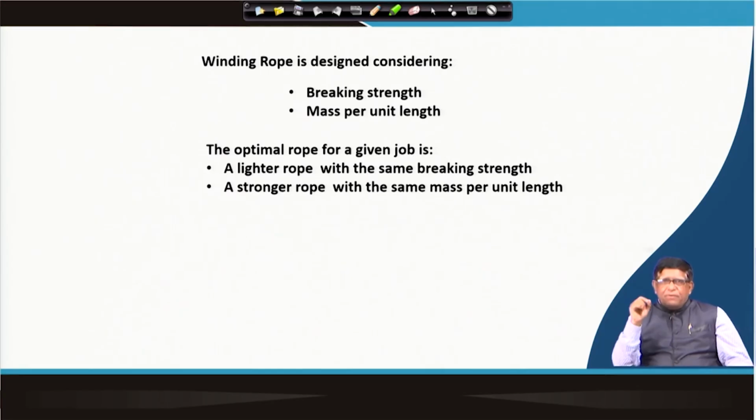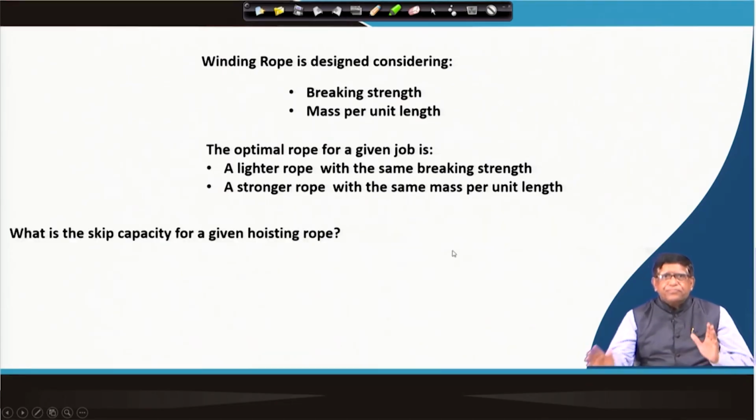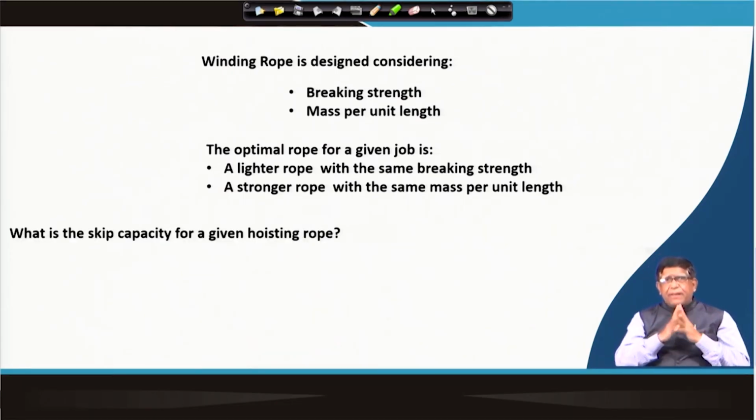Now, the type of steel you select may have the same weight but more strength. So, these two options are to be considered. Now, what is the skip capacity for a given hoisting rope?